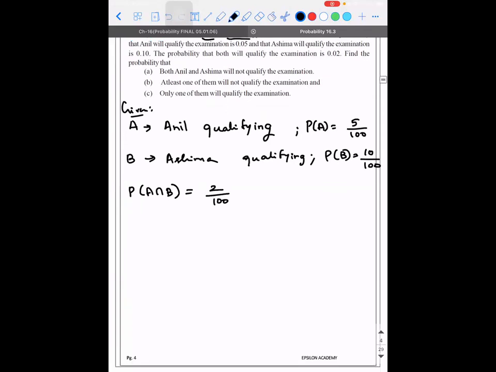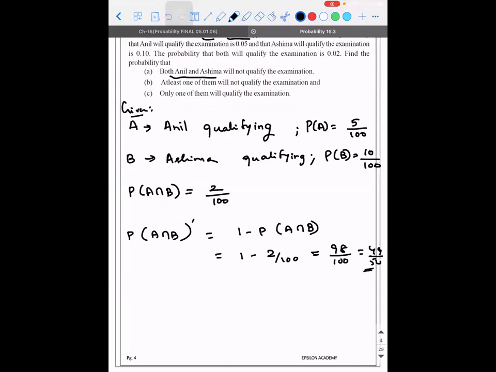Ashima. Now what are they asking? Find the probability that both Anil and Ashima will not qualify the examination. So probability of A and B to not qualify the examination. 1 minus probability of A intersection B. 1 minus 2 by 100. That is 98 divided by 100. Which will be 49 divided by 50. Right?